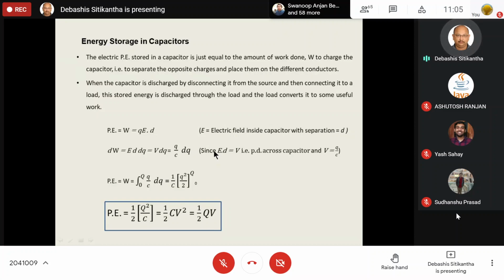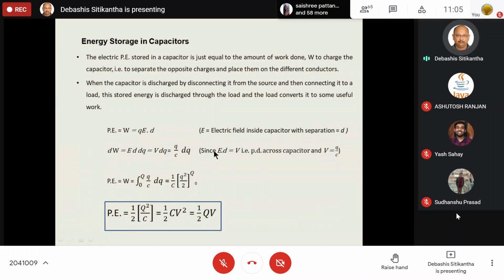Next, we learned about the different ways we can connect capacitors. Normally we can connect them in series and parallel, but practical circuits are a combination of both. You have learned how to calculate the net or equivalent capacitance between any two points in a network of capacitors. So this we have already completed.